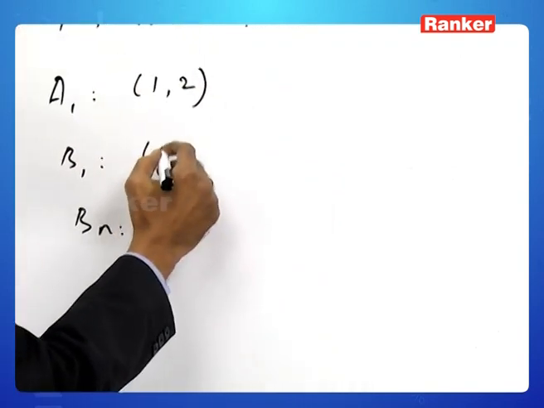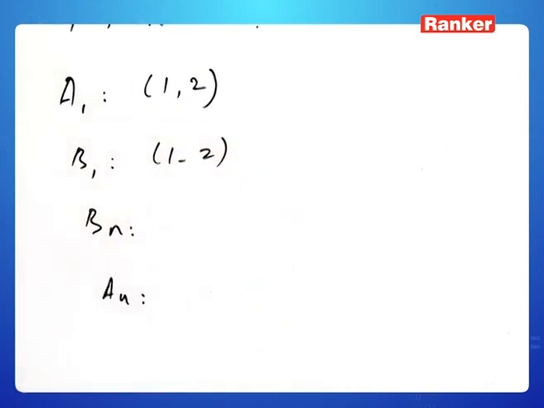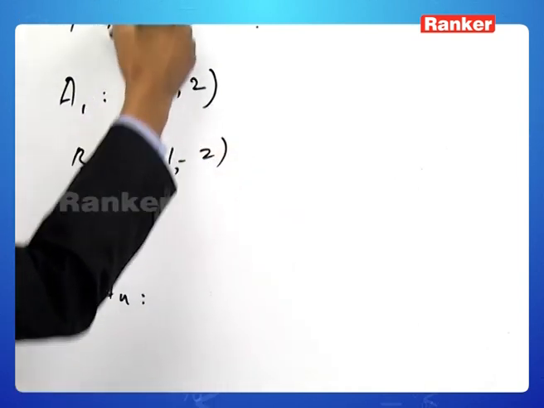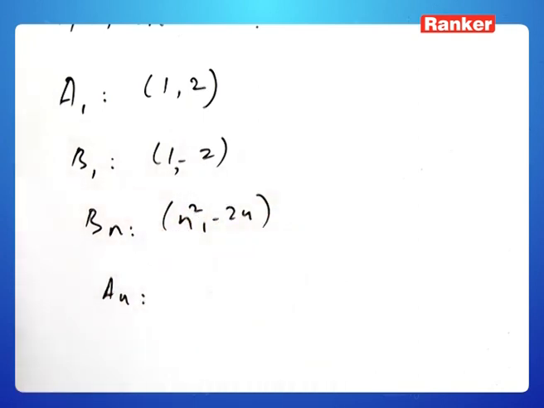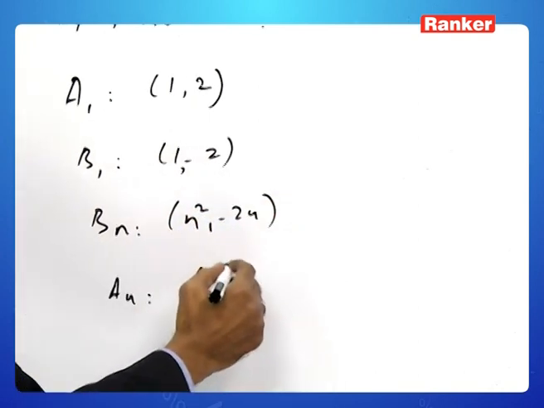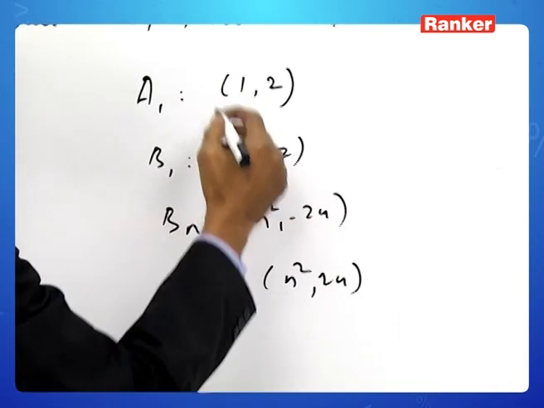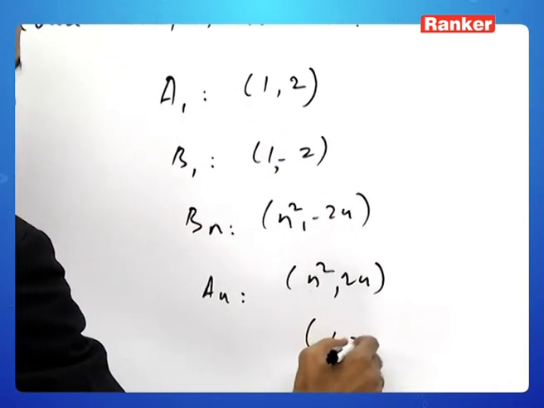B1 will be 1 comma minus 2. Bn you can copy that, n square minus 2n. An you can copy this, n square 2n, and repeat A1 again, 1 comma 2.